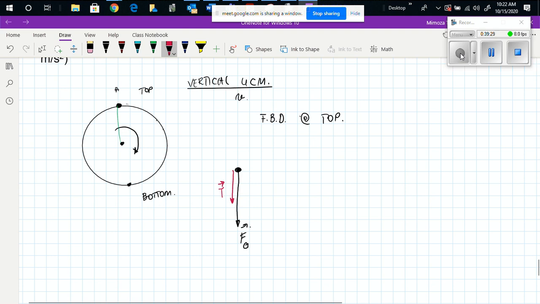Now, everyone, please pay attention: since everything is happening toward the center of the circle, when we are drawing the free body diagram in uniform circular motion, going toward the center is considered to be positive.